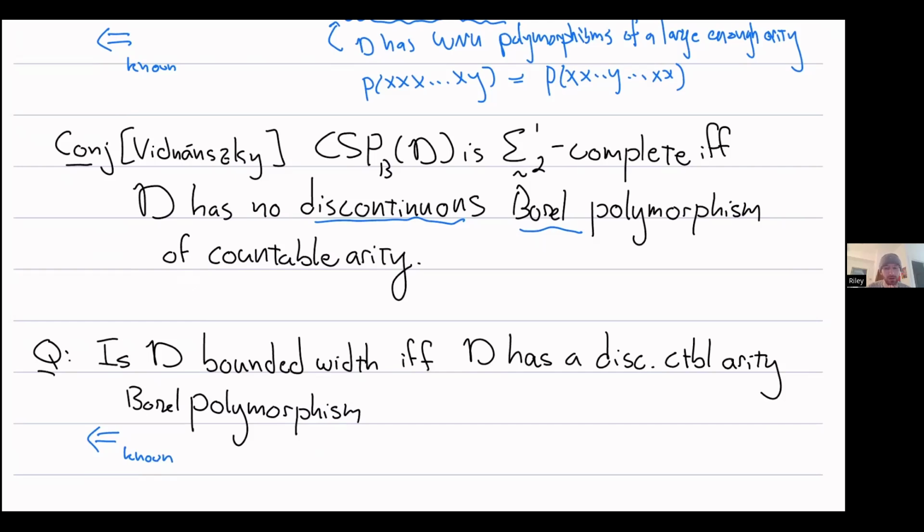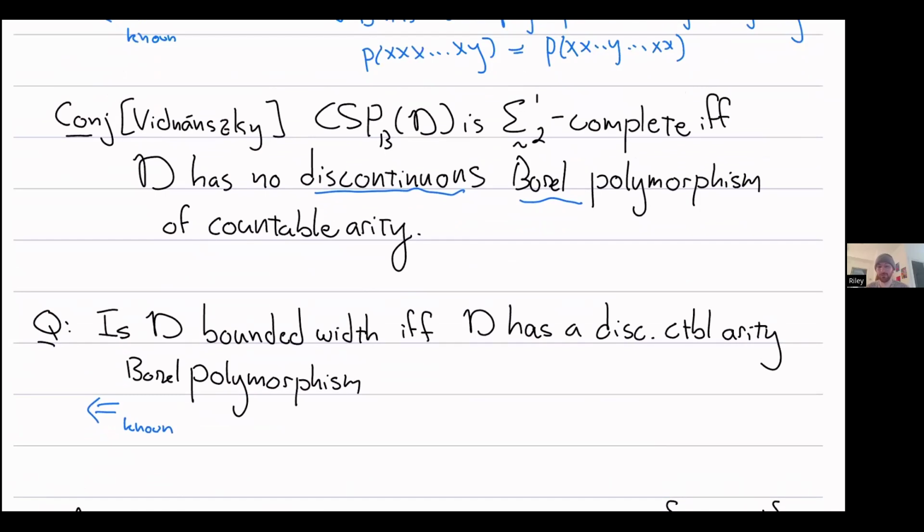If you're not bounded width, then essentially all of your polymorphisms are affine, and for the same reason that there's no interesting definable additive function on the reals, if all of your polymorphisms are affine, then you don't have a discontinuous countable arity Borel polymorphism.